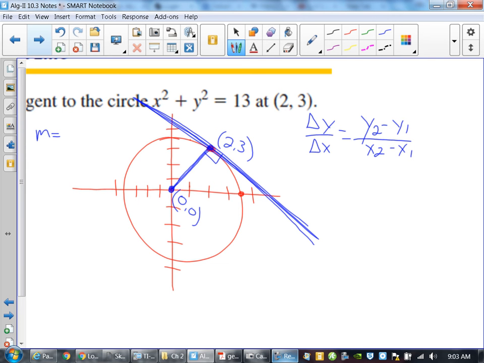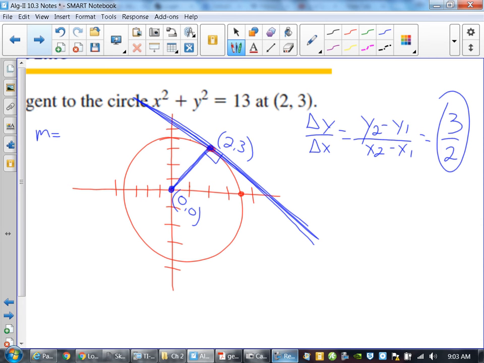What's nice about this first unit, being centered at the origin, is you have a lot less work involved in finding slopes. You can just go right off the fact that in this example it's going to be 3 over 2. My slope is going to be y over x because I'm at the origin. No matter where it's placed, whatever quadrant it winds up being, the slope of the radius is always going to be y over x today. It's always going to be just y over x.